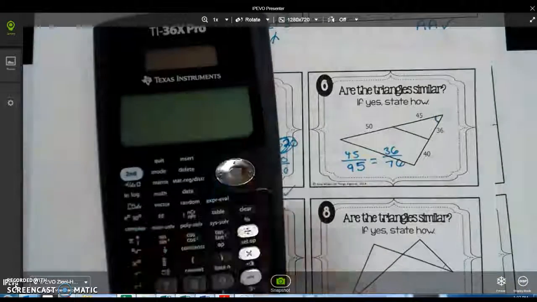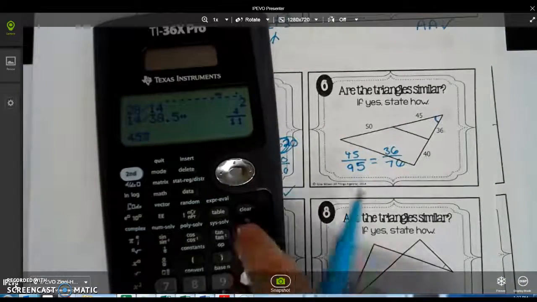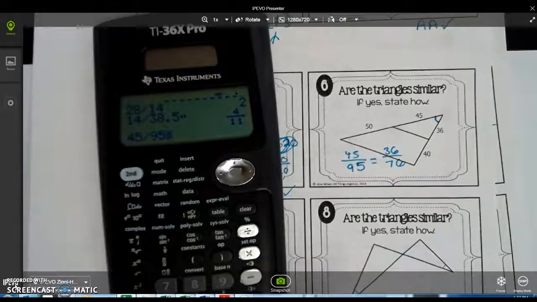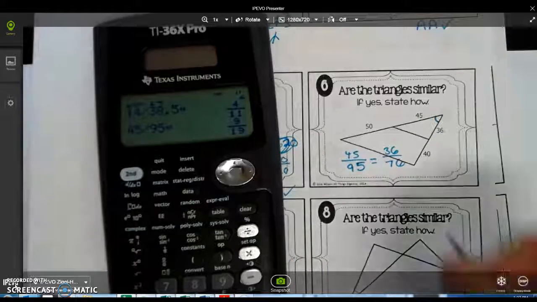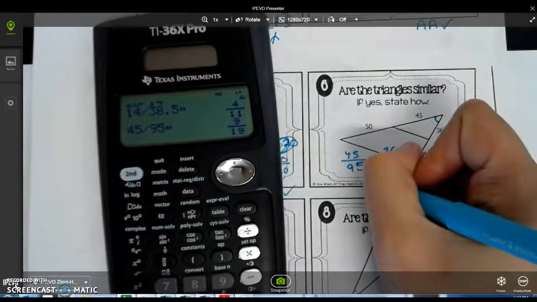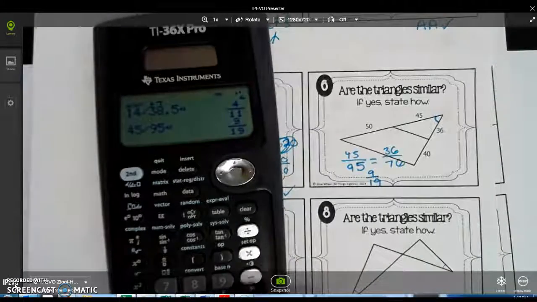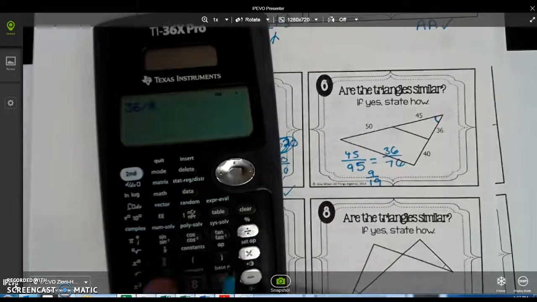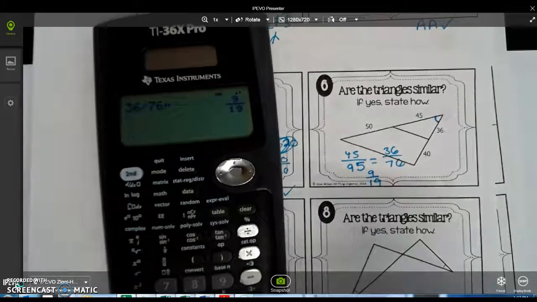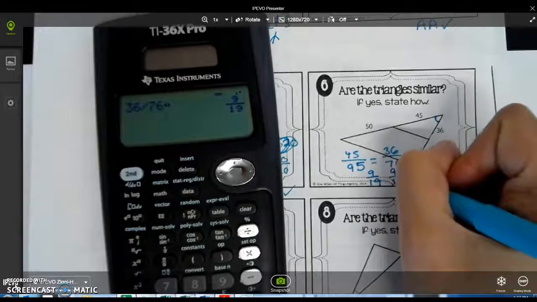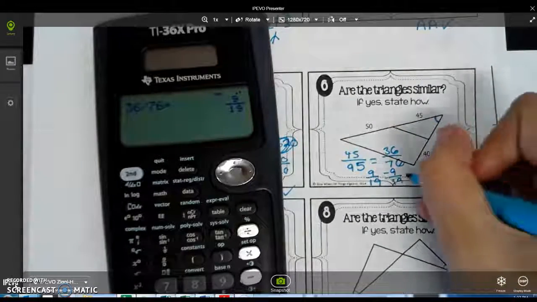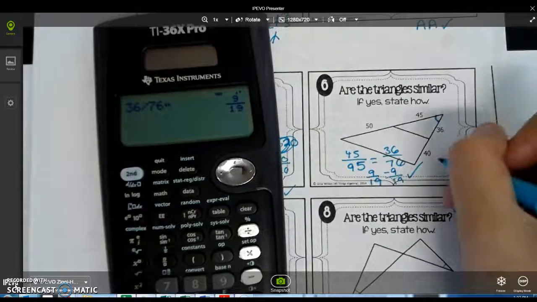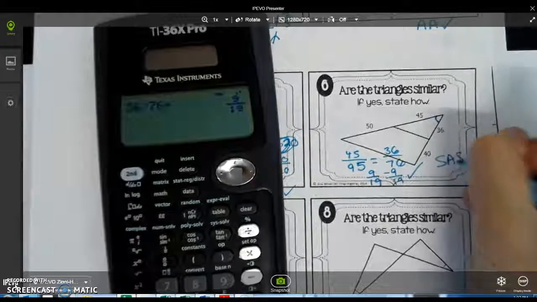So let's see. 45 divided by 95. Simplified, I get 9 over 19. 36 divided by 76. Simplified, that's 9 over 19. Those are equal. Therefore, it is similar. By side, angle, side.